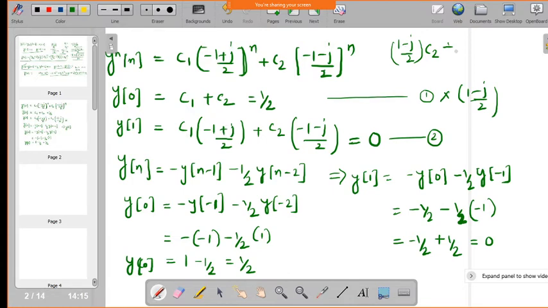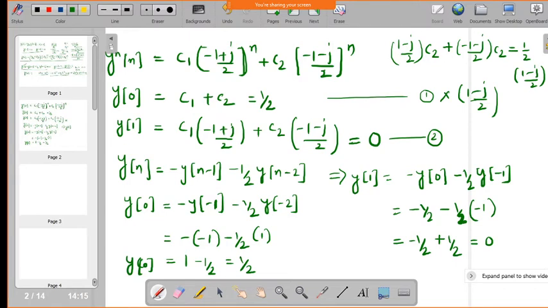You will get C2 plus minus 1 minus j by 2 into C2, which is equal to half of half into 1 minus j by 2. Now add these two and you will get the value for C2.